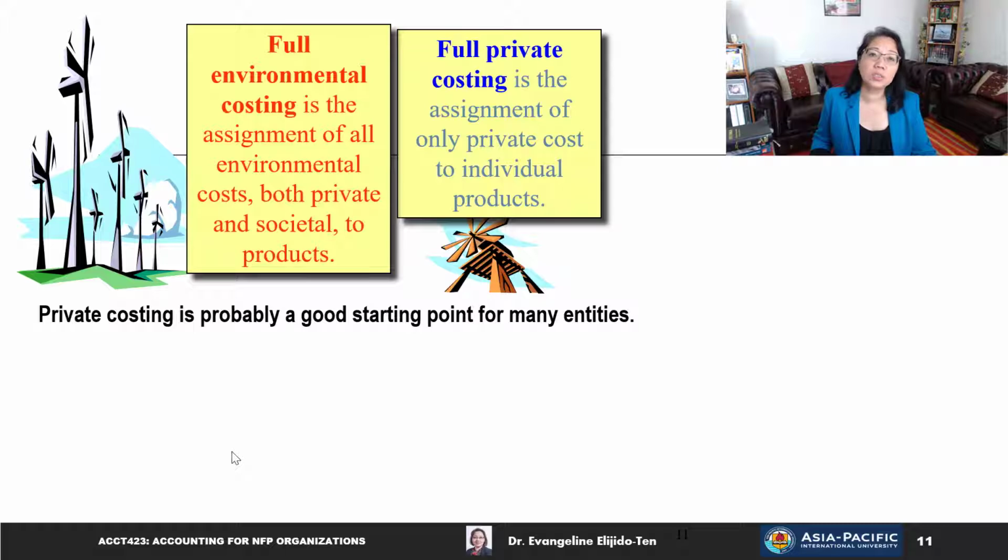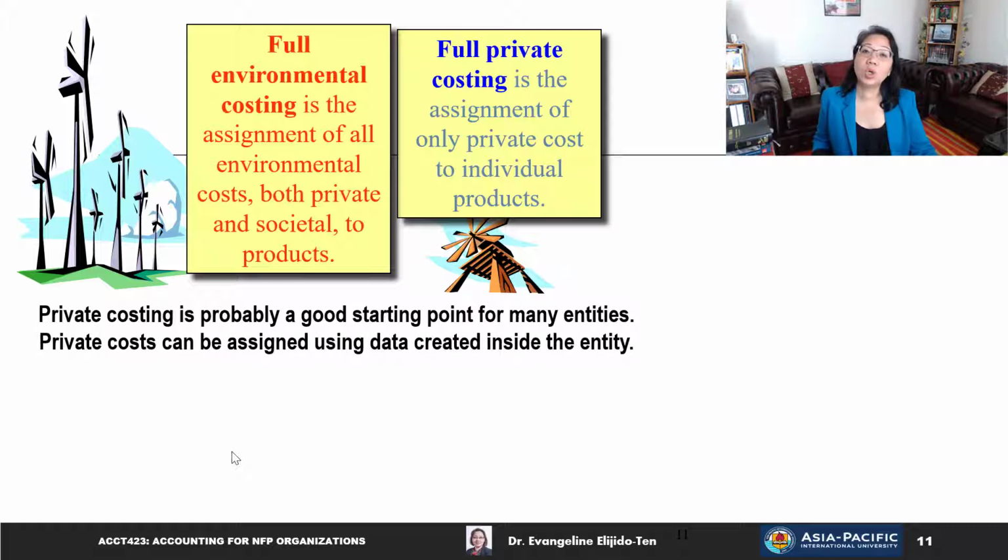So private costing is probably a good starting point for many entities because recall that many companies still do not adopt a sustainability approach. So for those who are wanting to start, private costing is probably a good starting point. Private cost can be assigned using data created inside the entity.